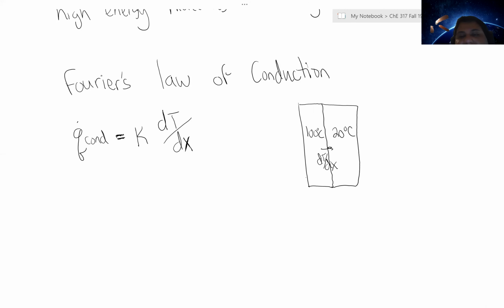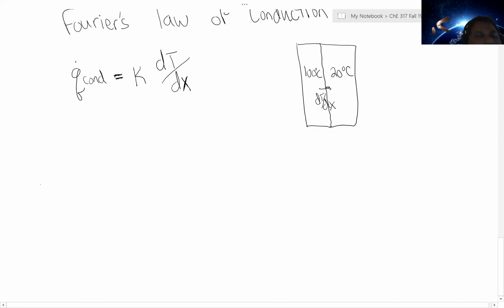And so we can designate the heat transfer as a flux, and that flux is directly related to the gradient by a constant of proportionality. This constant, k, is known as the thermal conductivity.